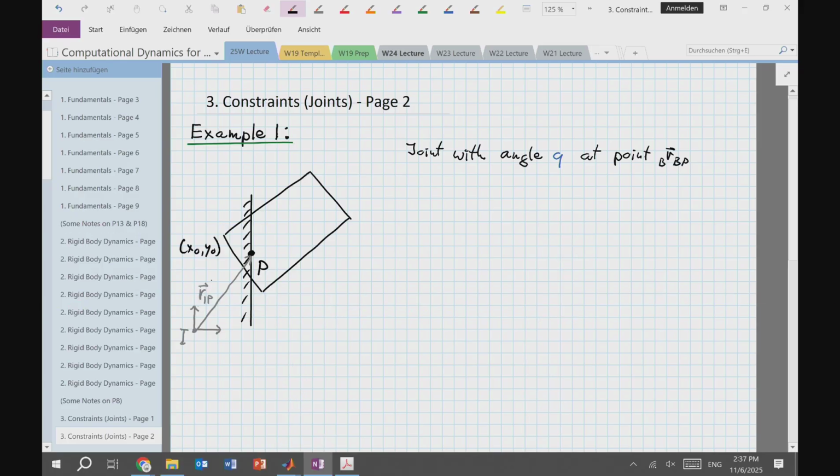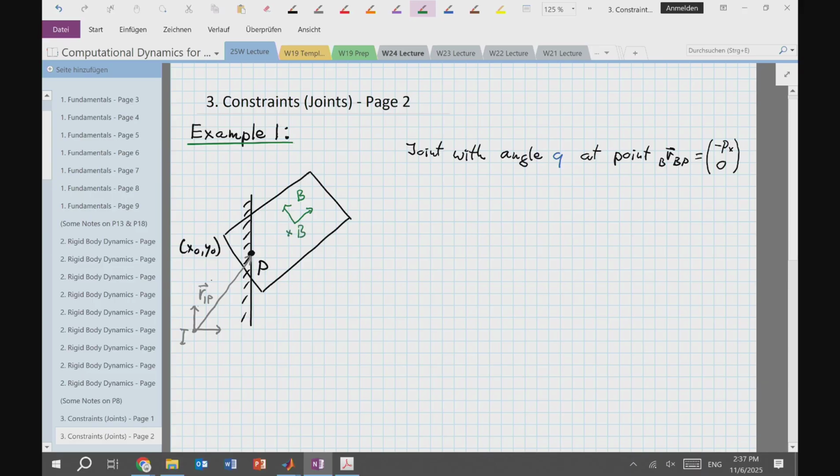in body coordinates given as minus px, 0. So what do I mean with this? Here's my body, and to describe the motion of the body, I add a coordinate system and I add a point.